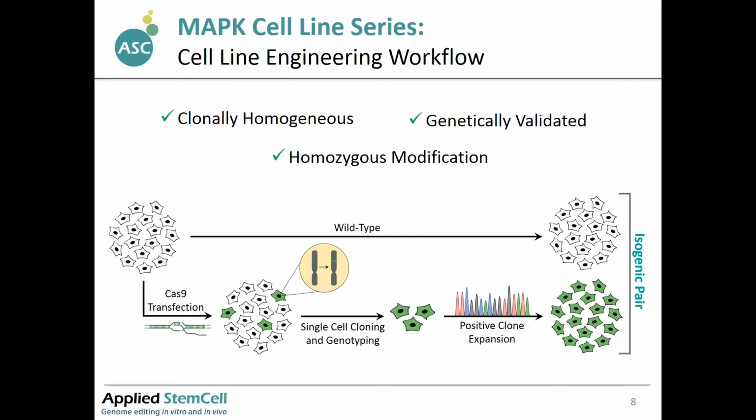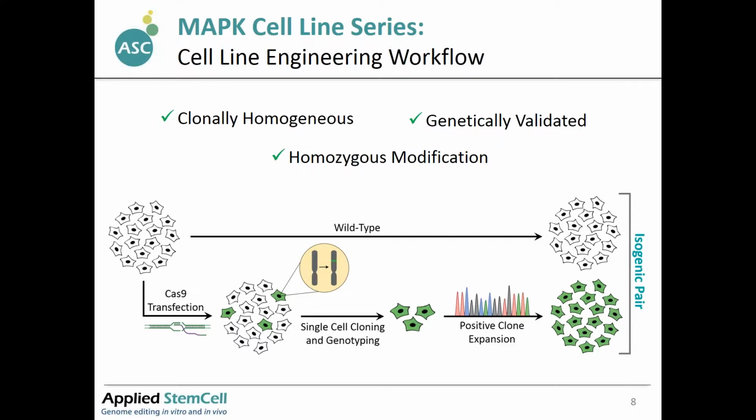With those populations, we then expand them and confirm them by Sanger sequencing to make sure that the mutations are correct. At the end, we have a cell population that we've genetically validated. It's clonally homogeneous because it's derived from a single cell clone, and it has a homozygous modification for the mutation that you're interested in.